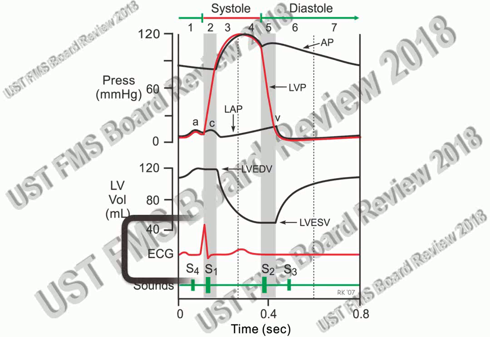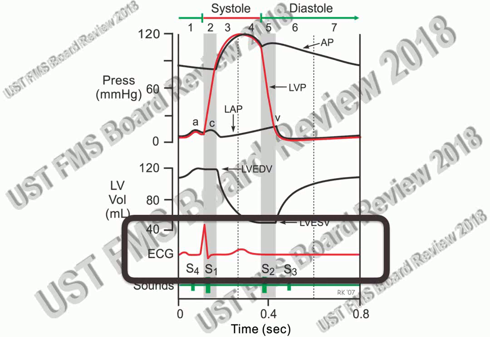This is just to highlight the relation of your cardiac cycle or your hemodynamics to your ECG. If you recall, the QRS complex in your ECG reflects ventricular depolarization. And this ventricular depolarization is the one that leads to ventricular contraction. That leads to systole.